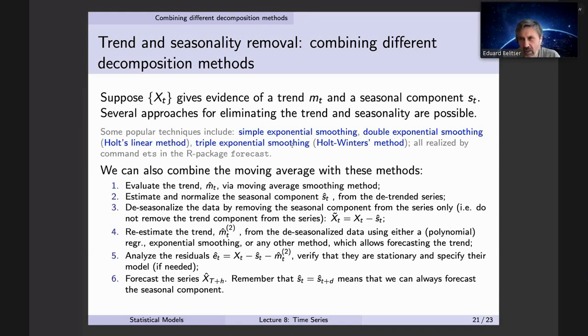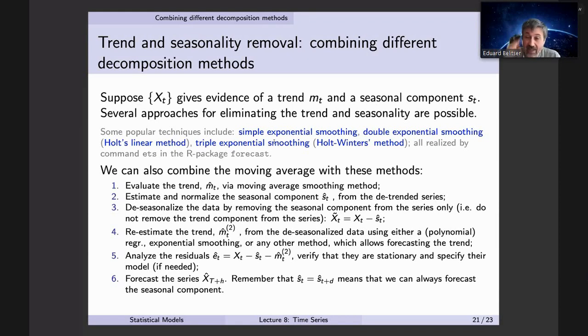When I supervised a couple of master projects in business analytics, people had to deal with some real data, and very often there was some sort of time series involved. So, okay, what do we do? Let's just try this technique. There's this very popular technique, simple exponential smoothing, double exponential smoothing, and triple exponential smoothing. We tried that, it never worked. I don't know why, but it's still very, very popular.